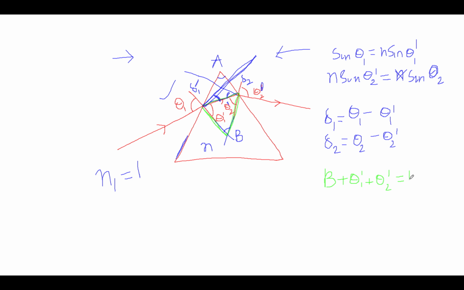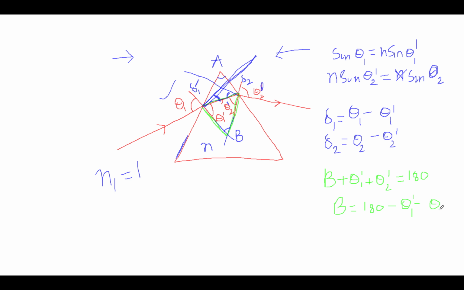So this all should be equal to 180 degrees. So then I can write B as 180 minus theta 1 prime minus theta 2 prime. So I have this equation from the green triangle that's up there.